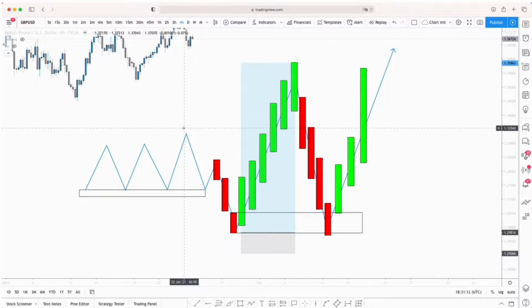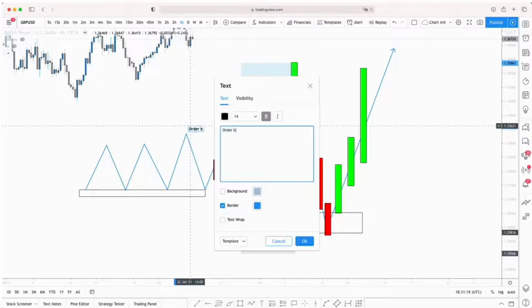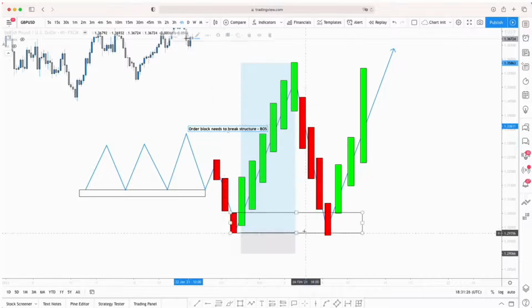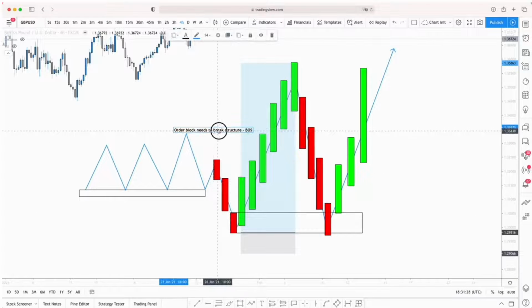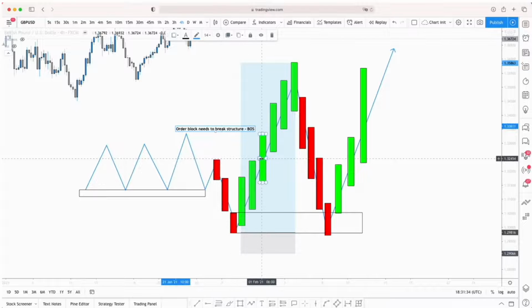So for an order block to be an order block, right? An order block needs to break structure. This is what we call a BOS. Okay, BOS is break of structure. So what we can see is the order block has broken this structure here. Okay, so we know that this is strong enough to do so.